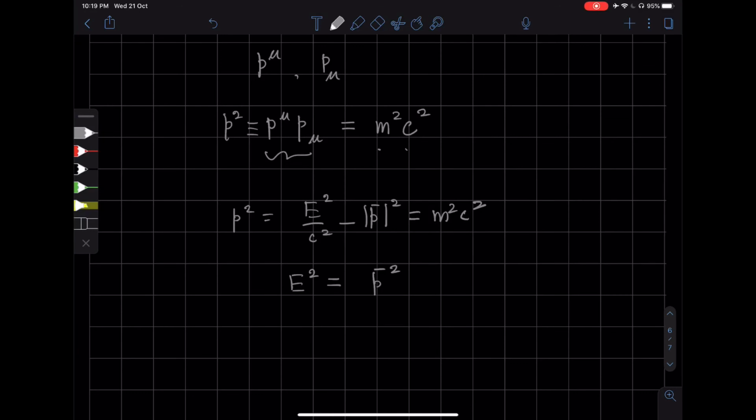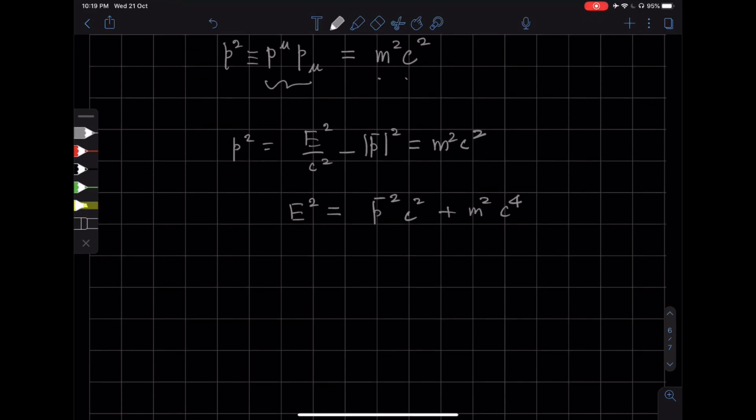I'm just dropping the modulus signs, plus m squared c to the power 4. And therefore, the relativistic mass-energy relationship is E is equal to the positive square root of the 3 momentum squared c squared plus mass squared c to the power 4.